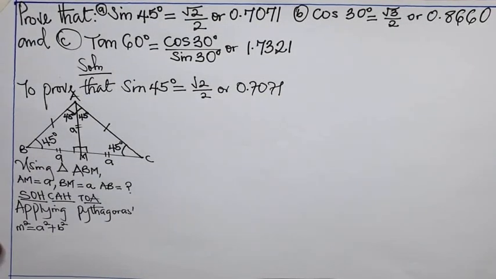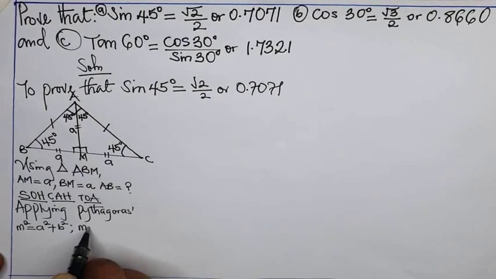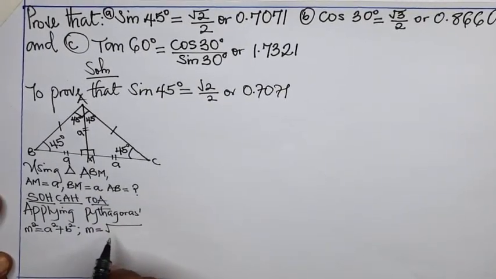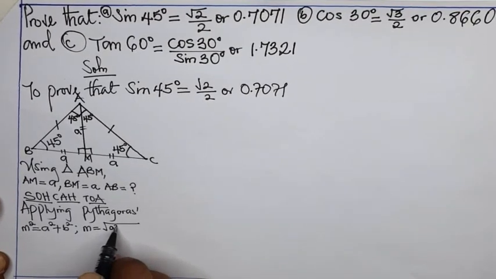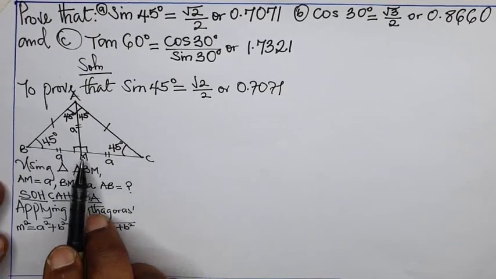What this implies is that AB will be equal to the square root of a squared plus b squared.